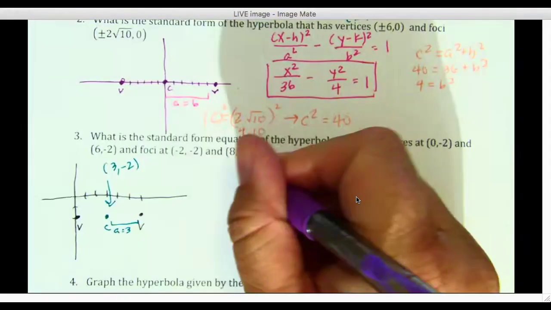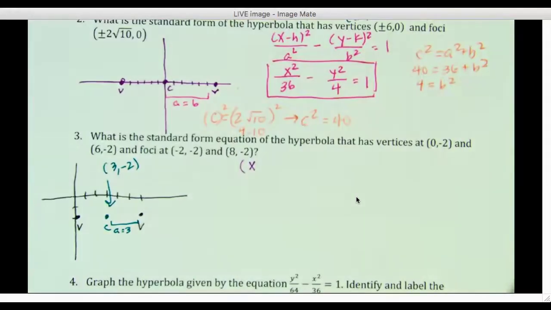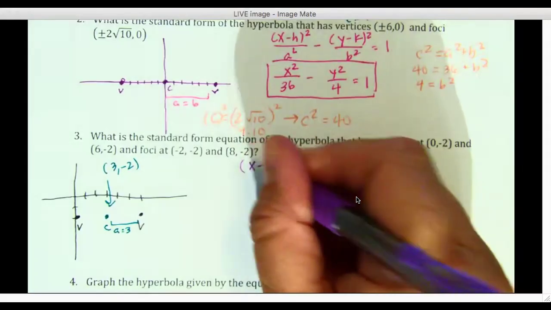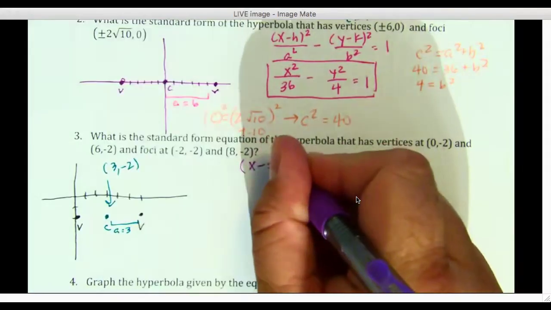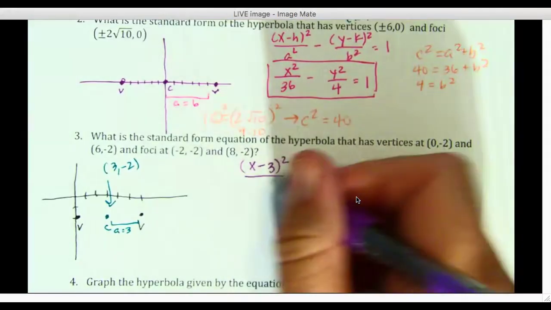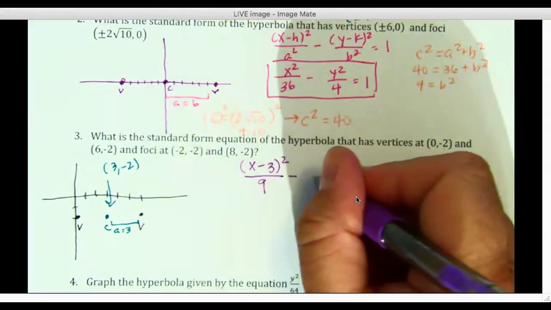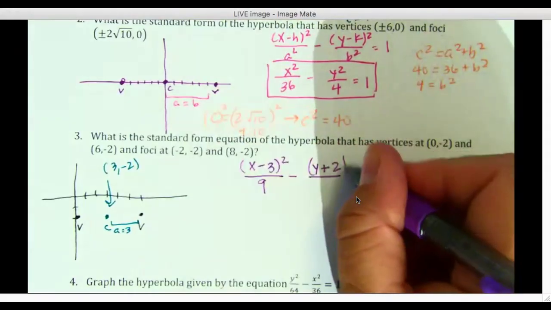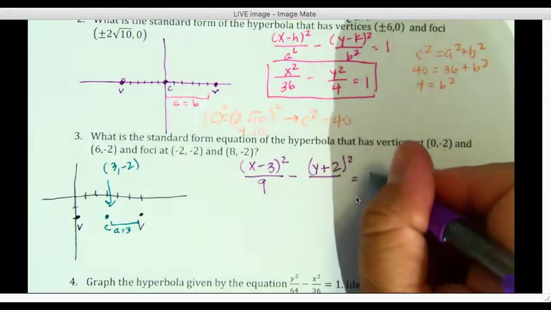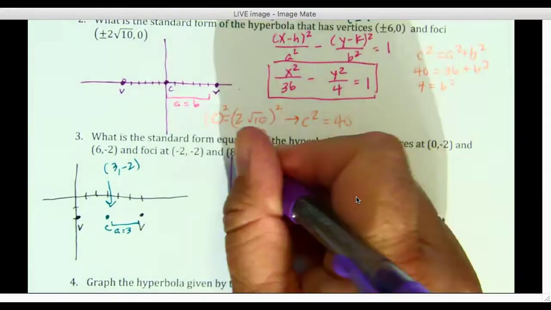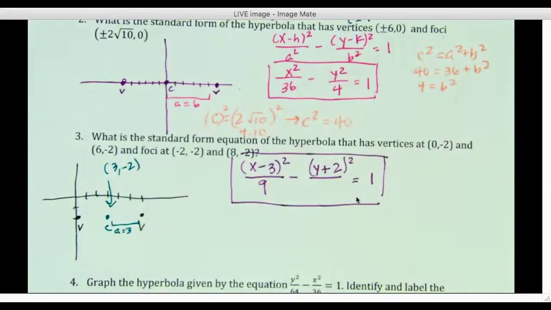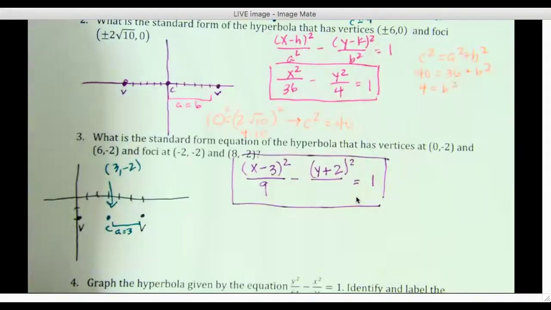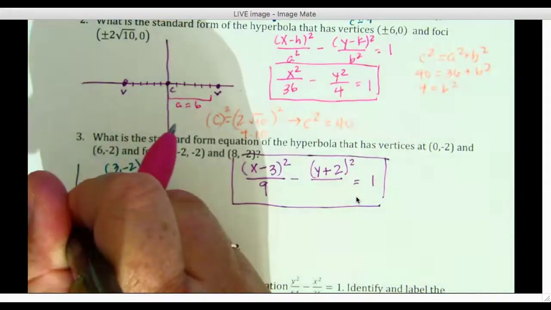We know this is horizontal, so we're using that same equation. X minus h, which is 3, squared, over my a squared, which is 3, so this will be 9, minus y minus negative 2, so that'll be plus 2 in here, squared, equals 1. And we just need to find our b squared value. Okay, so I'm told that the foci are at negative 2, negative 2.